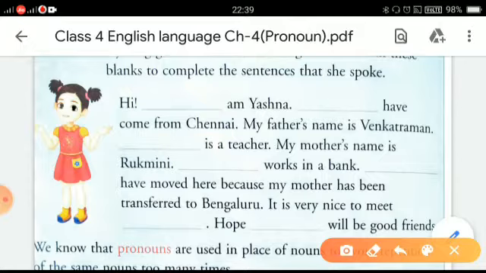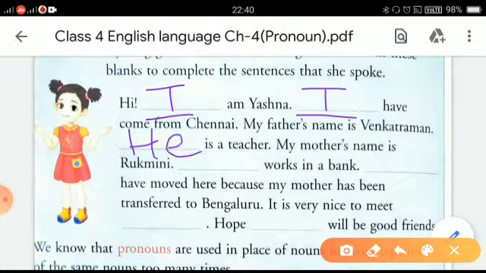Hi, I am Yashna. I have come from Chennai. My father's name is Venkatraman. He is a teacher. My mother's name is Rukmini.